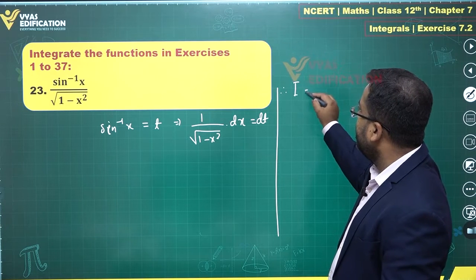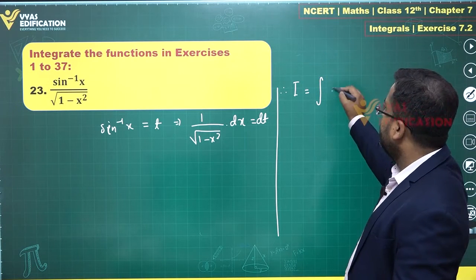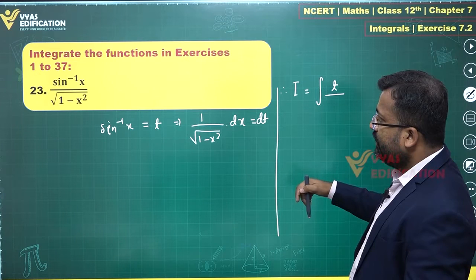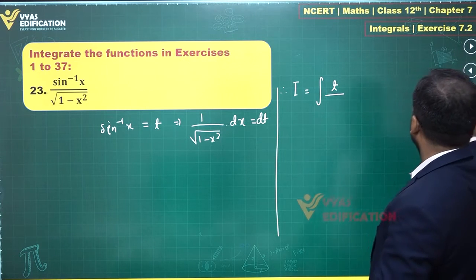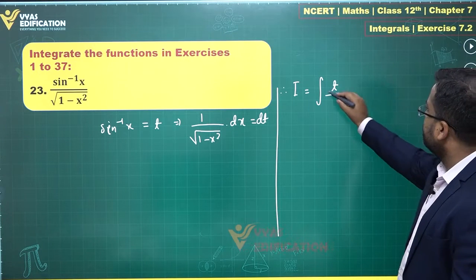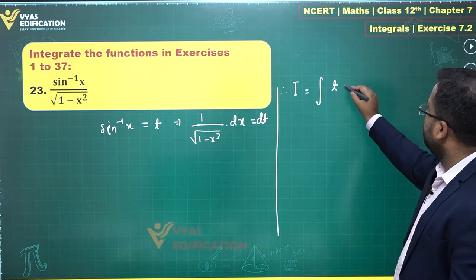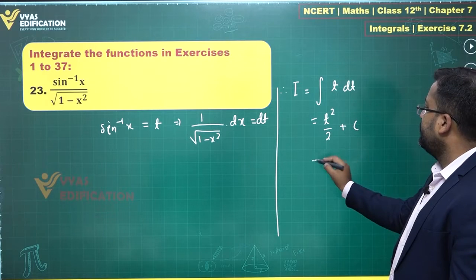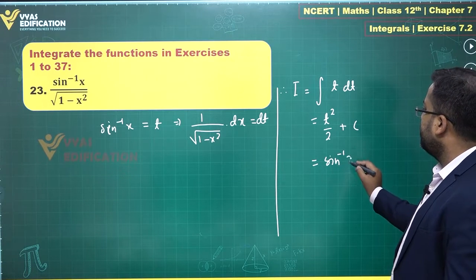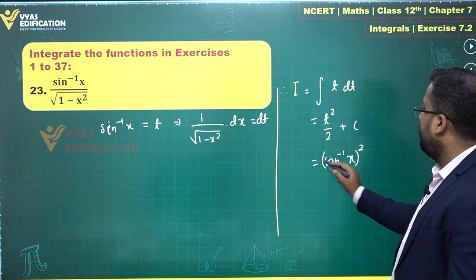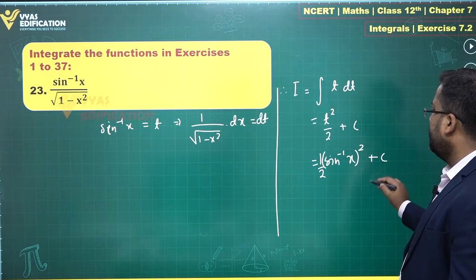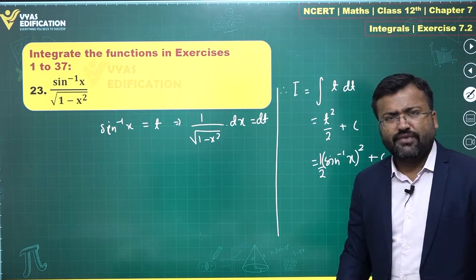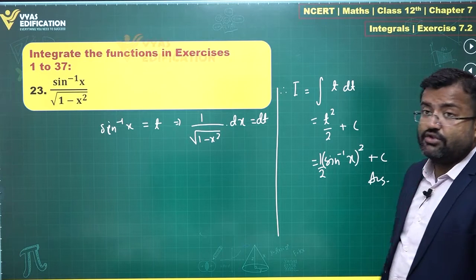Therefore, the integral becomes equal to t dt, since dx upon root of 1 minus x square is actually dt, right? So that becomes t square by 2 plus constant, which is sine inverse x whole square by 2 plus constant is my answer. This is what you have. That is the final answer for this 23rd question, as you can see over here.